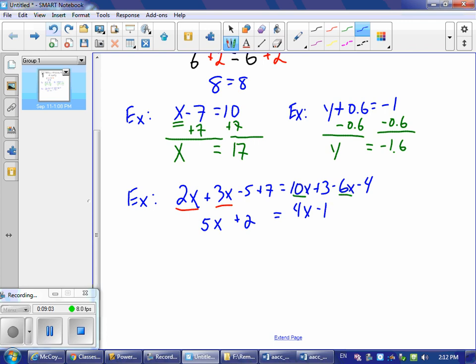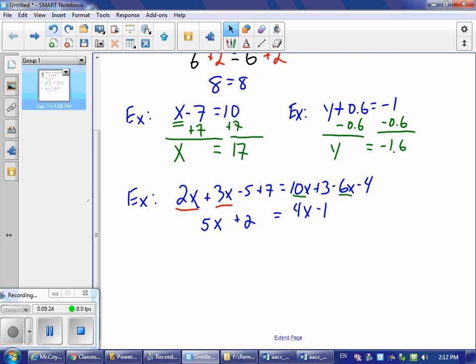So we've combined all of our like terms. Now we've got to get all the x's to one side of the equal sign or the other. My preference is to take the smaller x value and subtract it from both sides, or add it to both sides depending on if it's positive or negative.